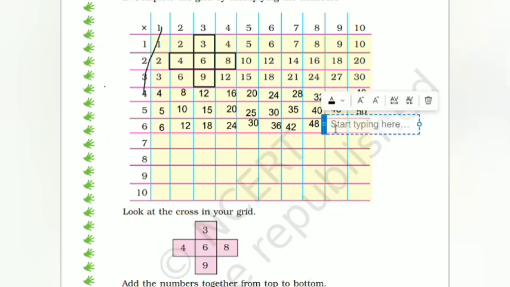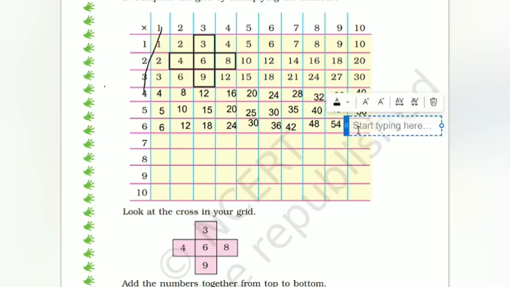Then 54. Then what? It is 60. Then what is the next?